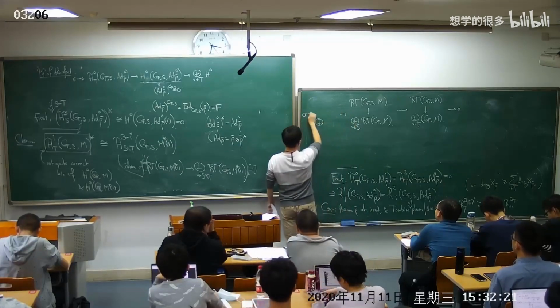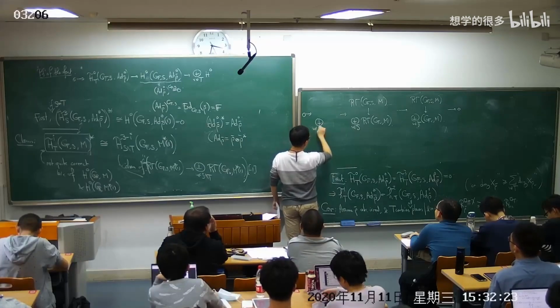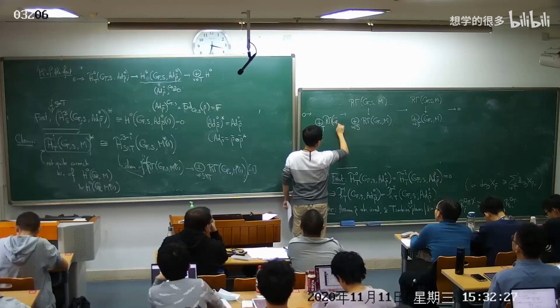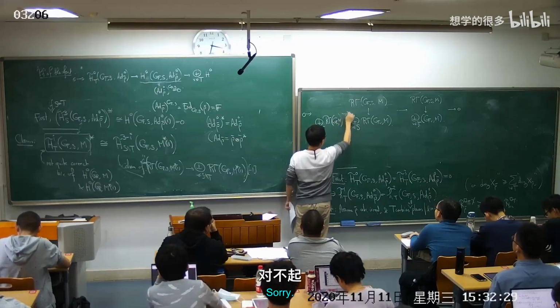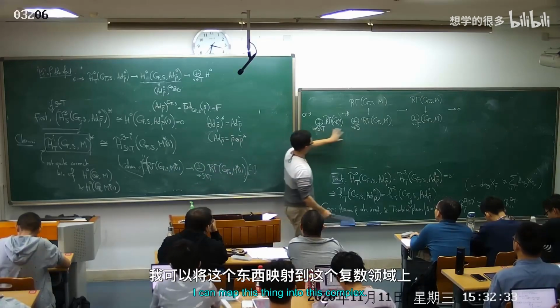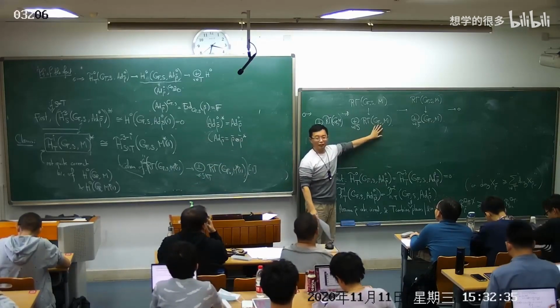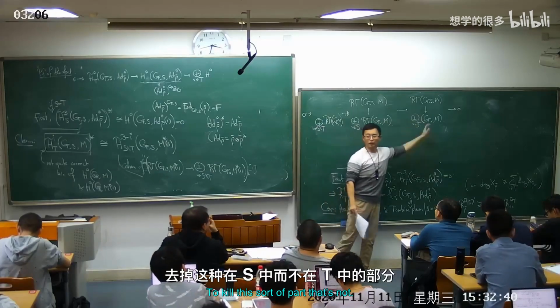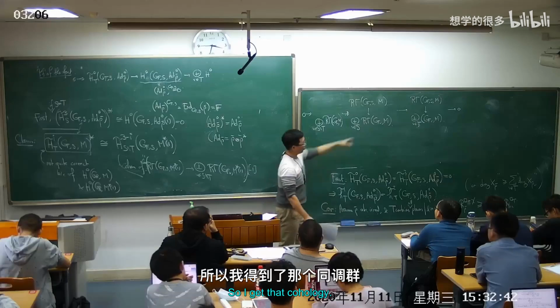I apologize. Okay. Sorry. I can map this thing into this complex and kill the part that's in S but not in T. So kill this part that's not in S, not in T. So I get that cohomology.